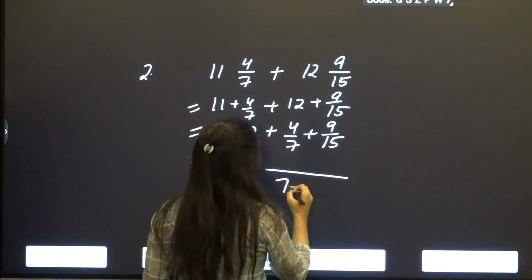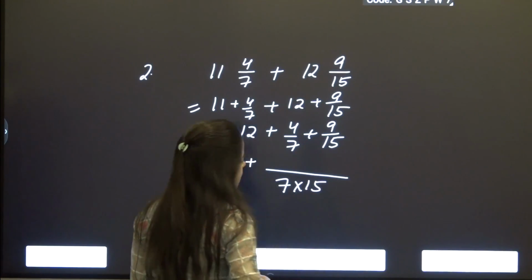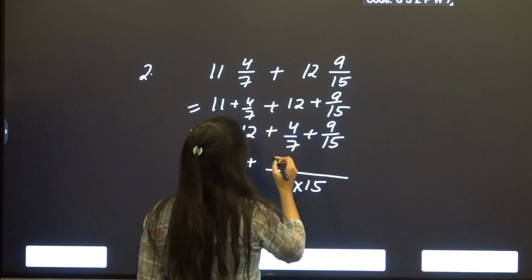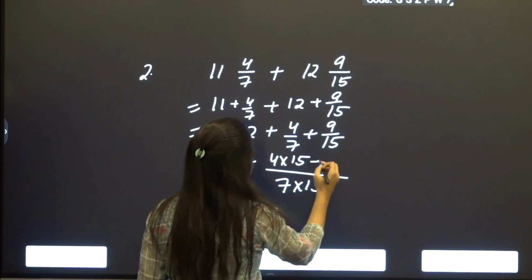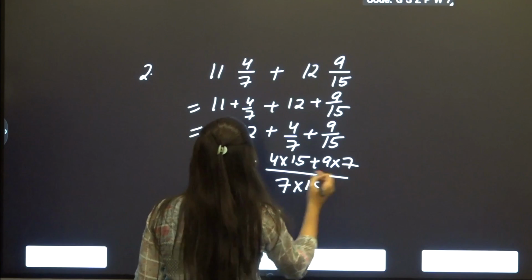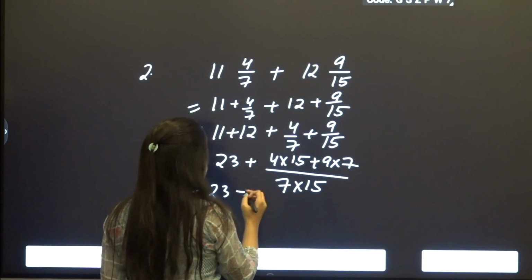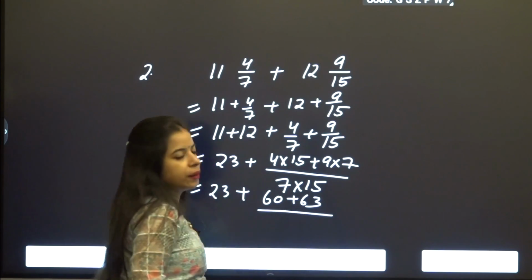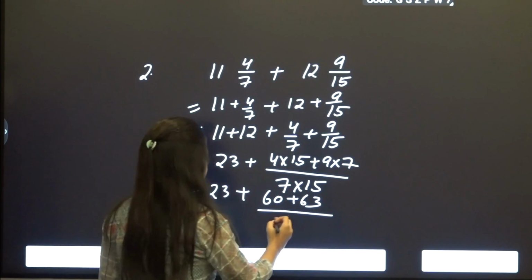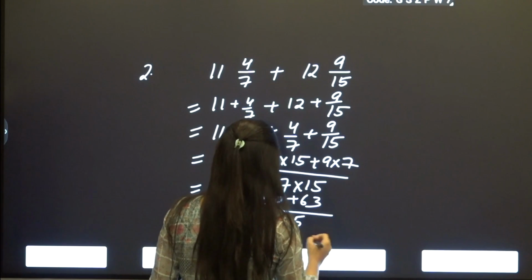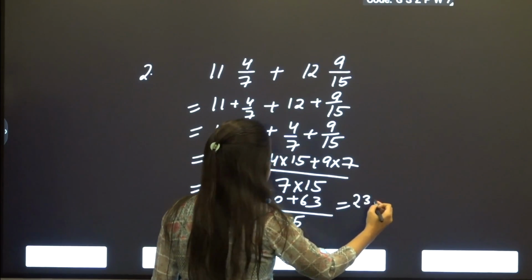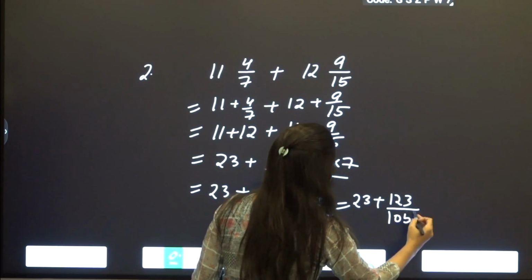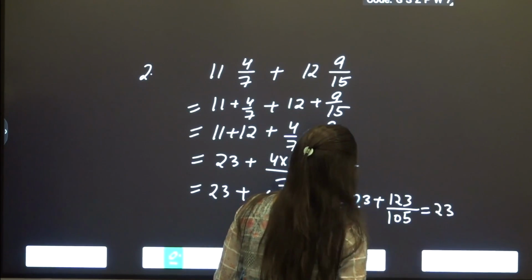So, just multiply the two numbers as it is and in the numerator just cross multiply and add 4 into 15 plus 9 into 7. So, this is 23 plus 60 plus 63 upon 105. So, this will become 23 plus 123 upon 105.